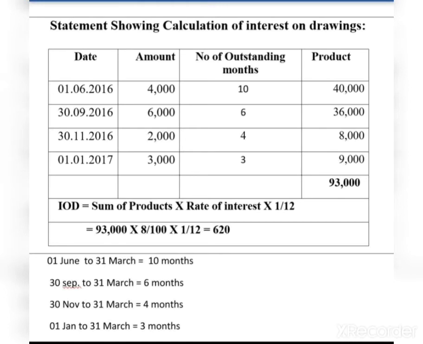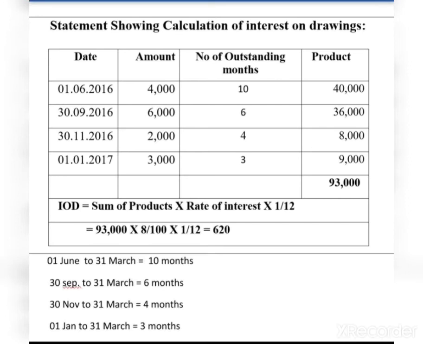So we have to calculate the months from 1st June to 31st March. It means 10 months. We will write 10 in the number of outstanding months column. Next, in the product column, we write the multiplication of 4000 into 10, means 40,000.